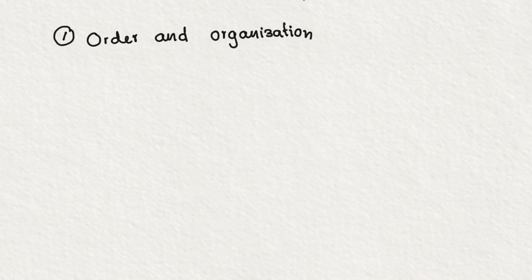So living organisms show an order from molecular level to biosphere. So they are highly organized. This organization pattern helps these organisms to perform their biological activities efficiently. So if you look at this organization pattern, we have molecules at the bottom level.